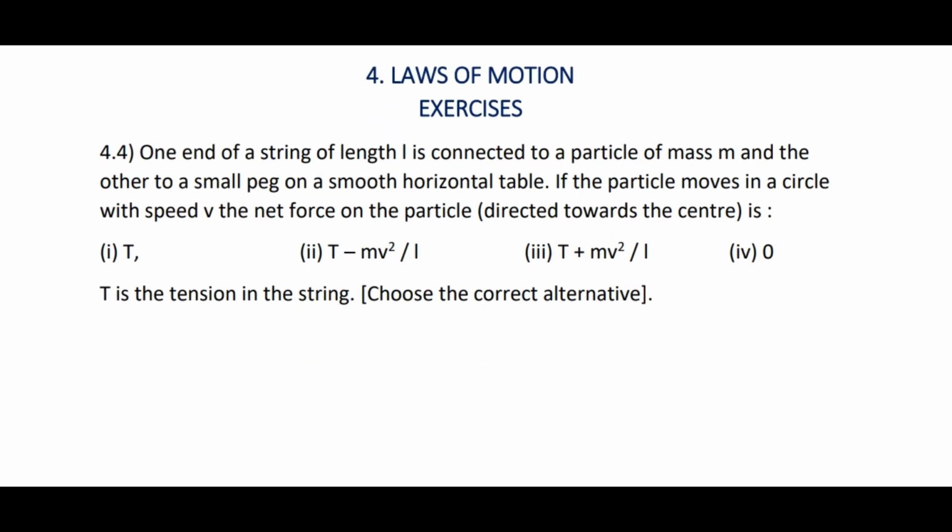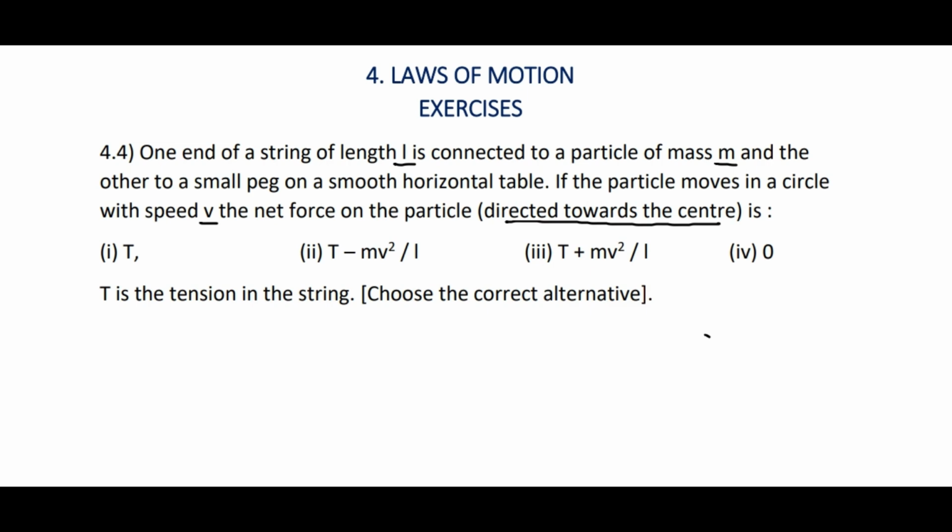Coming to 4.4. One end of a string of length L is connected to a particle of mass M and the other to a small peg on a smooth horizontal table. If the particle moves in a circle with a speed v, the net force on the particle directed toward the center is.